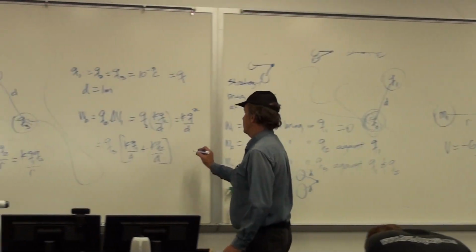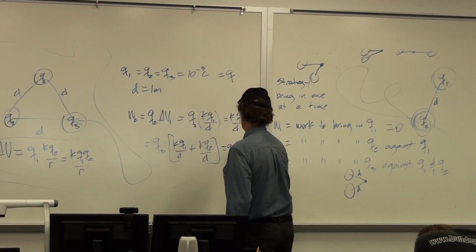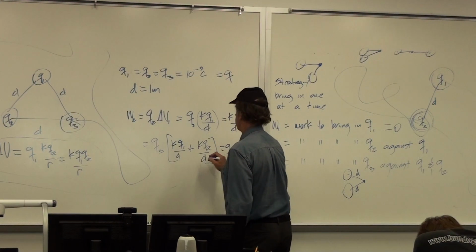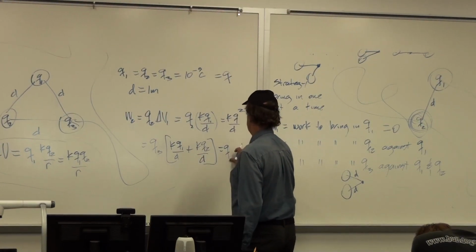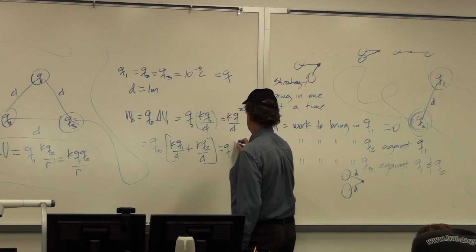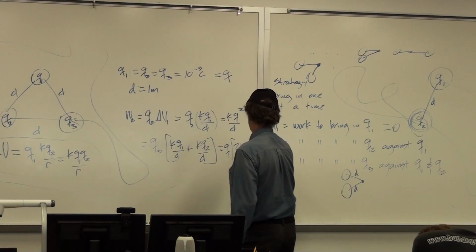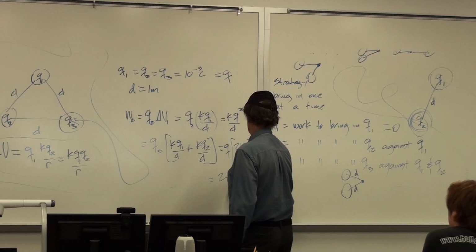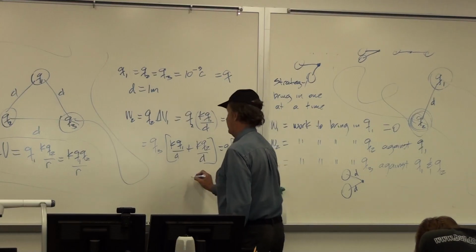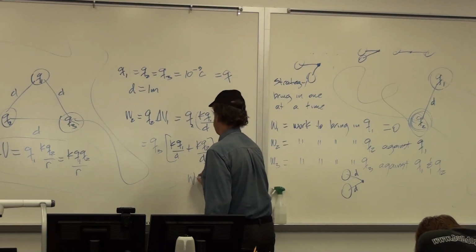All right, so this is going to be Q3 times, well, okay, so at this point, Q3 and Q1 and Q2 are the same. So this is Q3 times 2K Q over D. So that gives us 2K Q squared over D. And that's my W3.